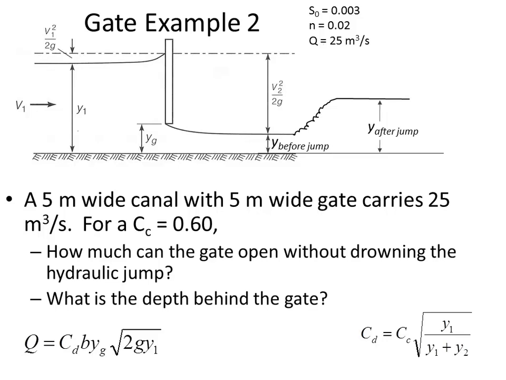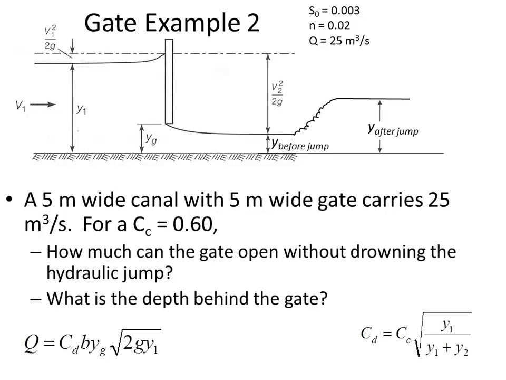Alternately, we can use Excel to just put in the right-hand side in terms of y sub n and play around with some value of y sub n in another cell until we get the right-hand side equal to 25 cubic meters per second, which we know is the flow rate. So anyways, the normal depth, 1.78 meters.